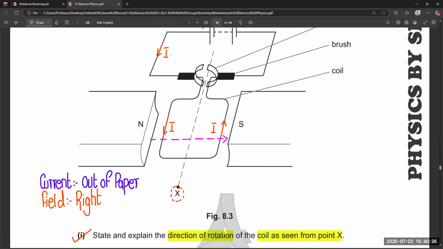By using the left hand rule, the current is outward, so the second finger is pointing towards ourselves and the first finger is pointing towards the right hand side, and the direction of force will be upward.